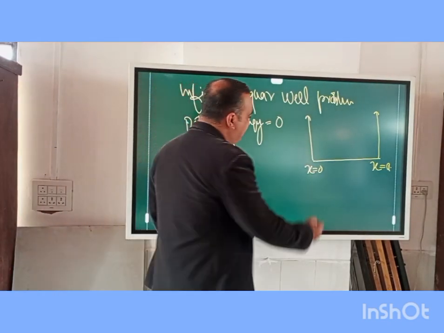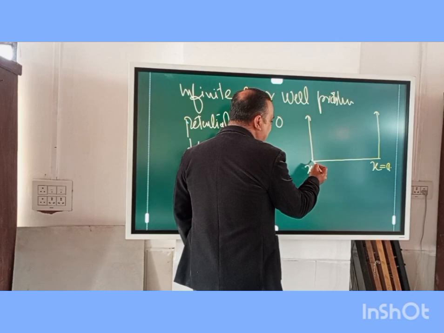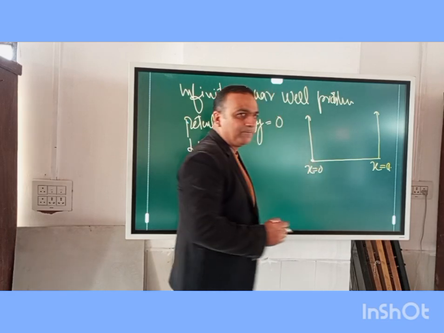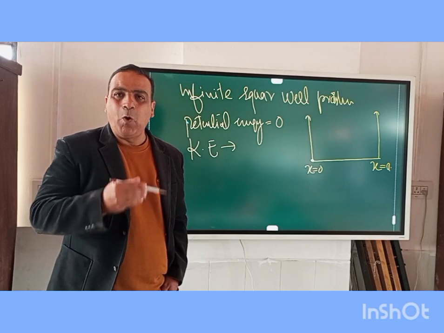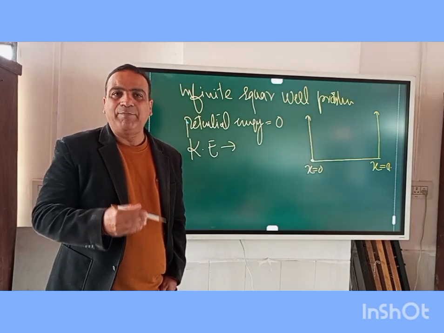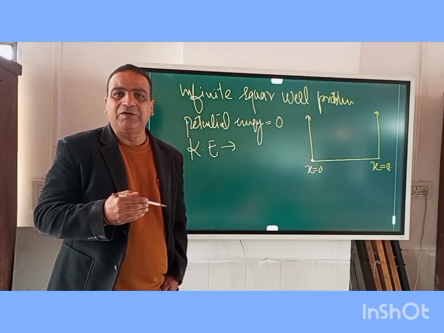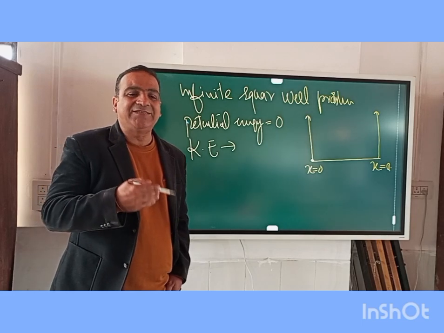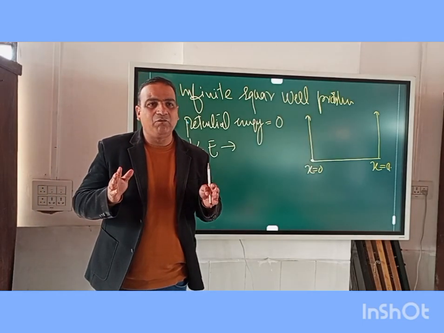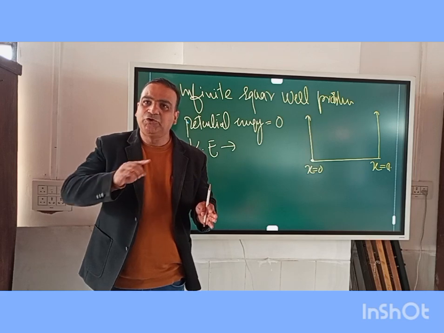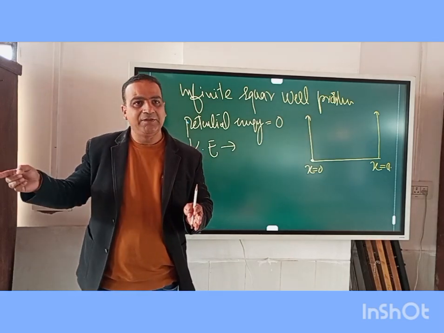And if the particle is at x equal to 0, that means at this point, what will happen to the wave function? Because to have a physically acceptable solution, what you want is that this wave function in your problem should be continuous, right?